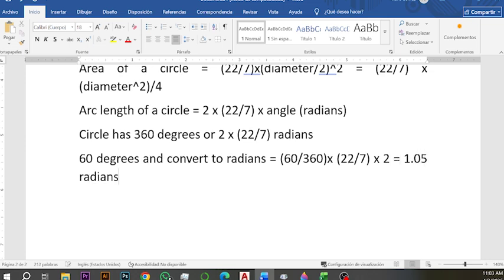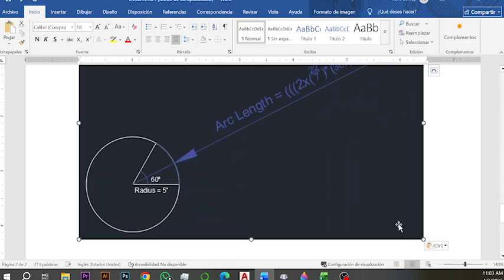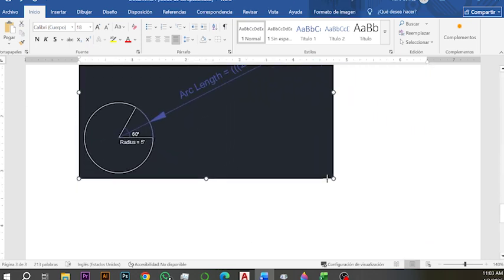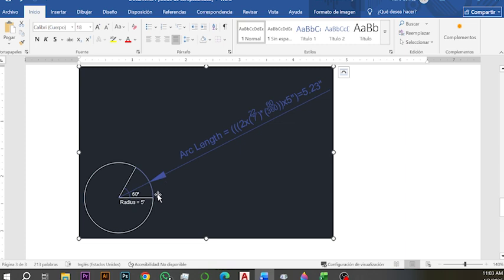And that's equal to 1.05 radians. So taking our example of the circle, if we wanted to just cover part of the table or of the object, and for instance, we just wanted to cover this part of the table, and that part of the table makes a 60-degree angle, then your arc length is the angle in radians times the radius.